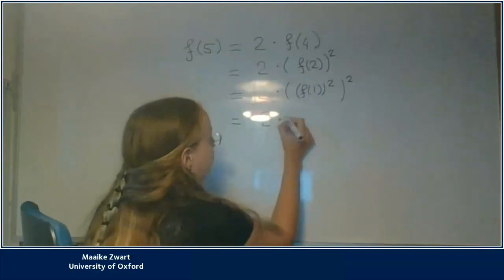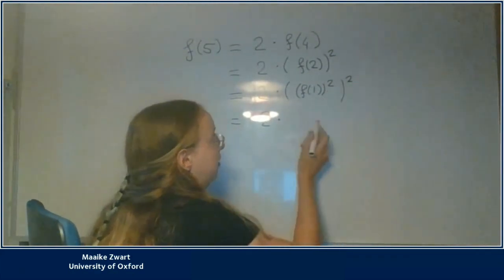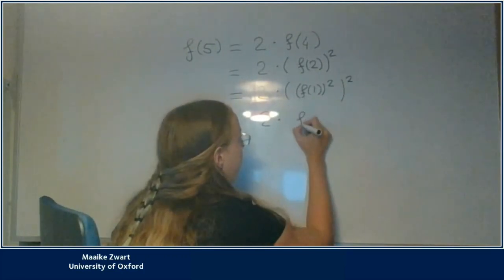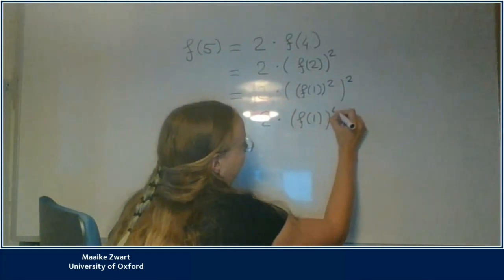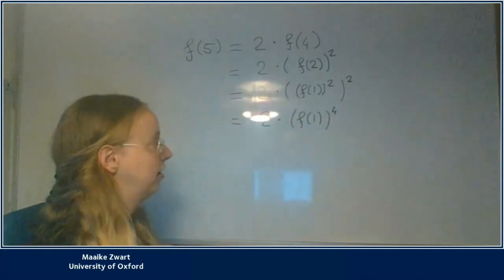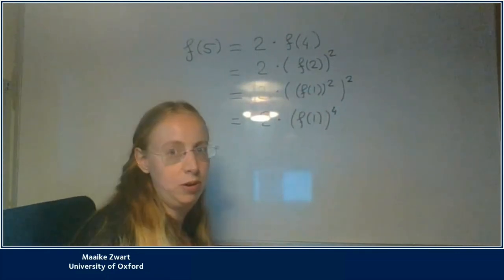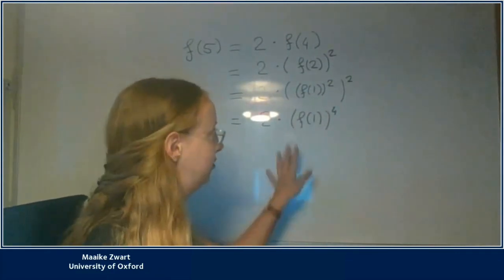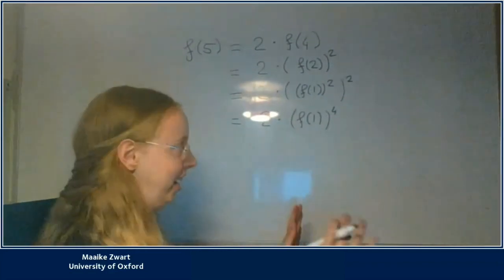So I have a squared over here and a squared over here. I can simplify that to f of 1 to the power of 4. That makes it slightly less scary. So that is just so that I don't get caught in a flurry of brackets. And then we breathe in and out and carry on.